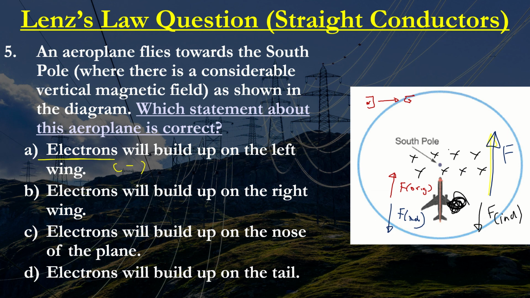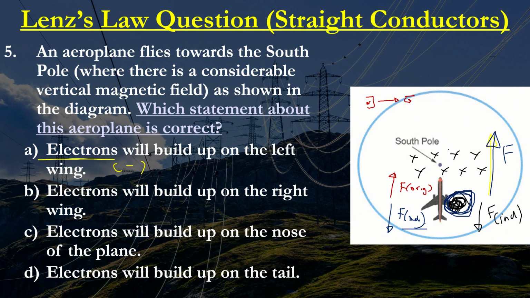But because this is an induced force we're looking at, the induced force is pointing down. So left hand down, fingers going into the page, thumb is pointing towards the right. So the electrons will experience motion to the right because of that induced force, and that's why it's that instead of the left.